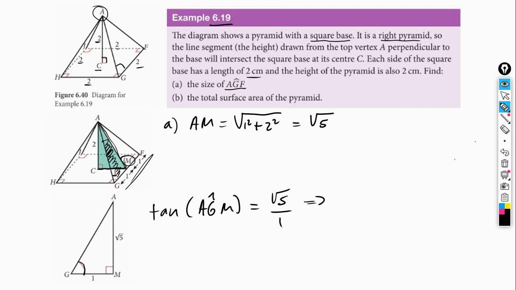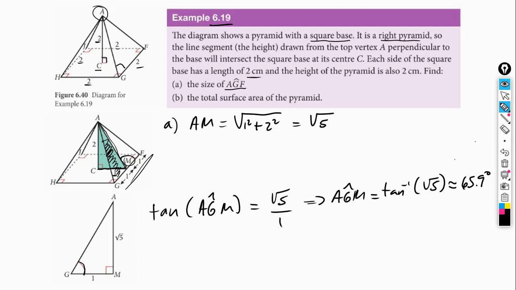Therefore, the angle AGM is equal to the inverse tangent of the square root of 5, which is approximately 65.9 degrees to 3 significant figures.